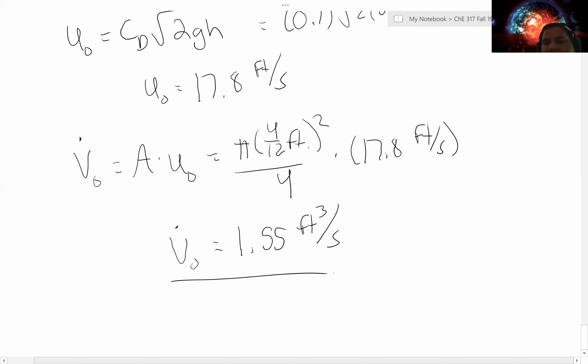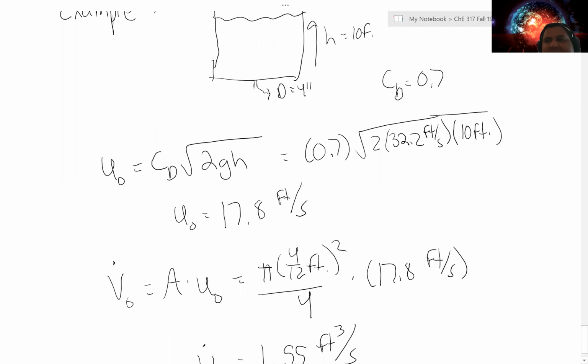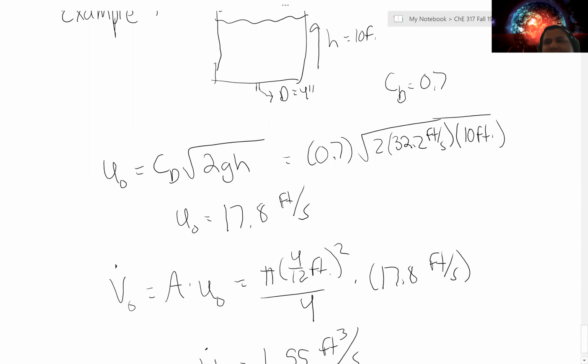Now, the next part is the tricky part, which is how long would it take to drain the water? Let's think about it for a little bit, and then I'll leave you with this over the weekend to look at the analysis yourself.